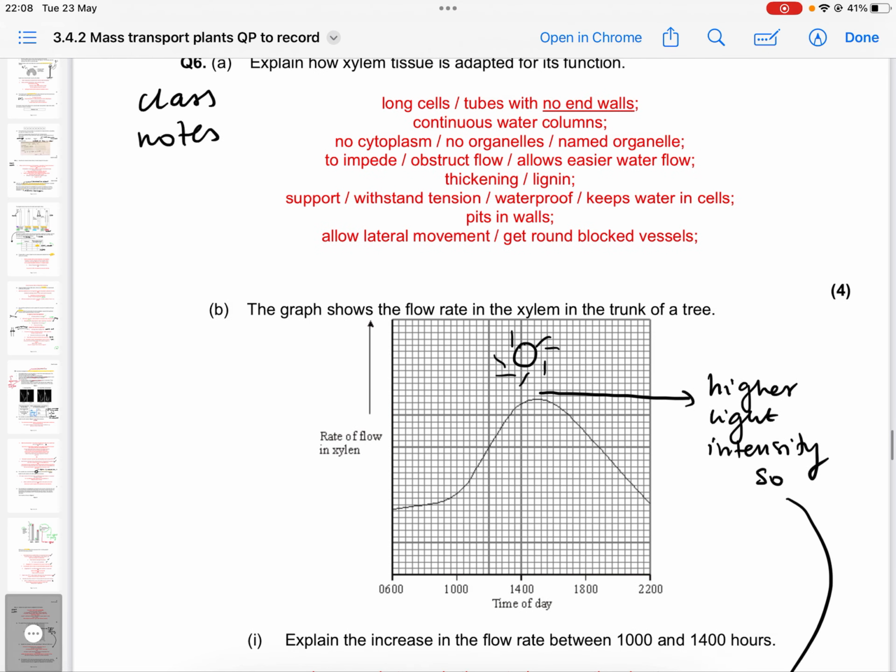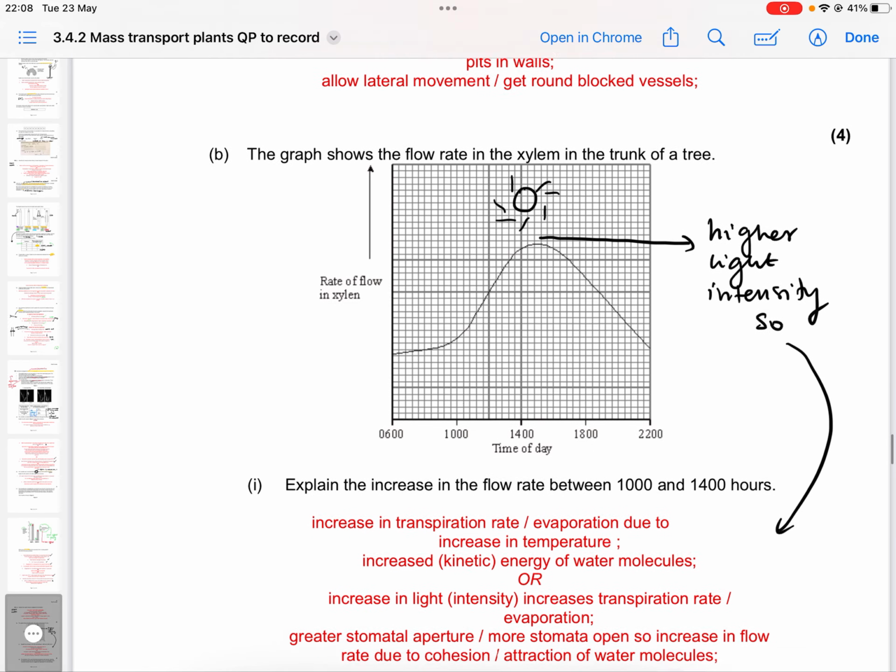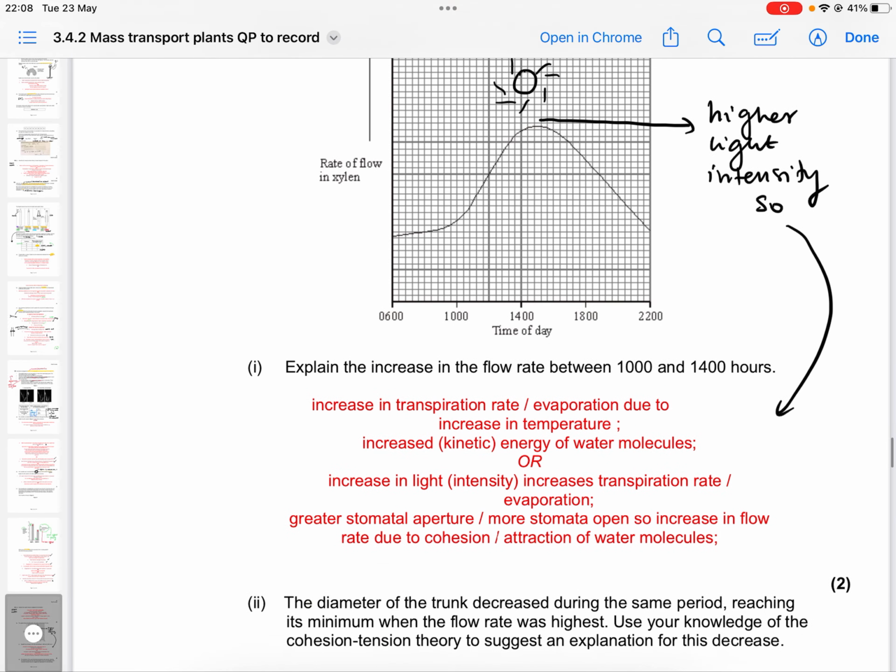So at the time of 2 o'clock, we can see that the rate of flow in the xylem seems to be the highest. Reasons behind that, of course, it's the time when there is the highest light intensity. So if that's the case, the process of transpiration is going to be really high. So that's then our answer.